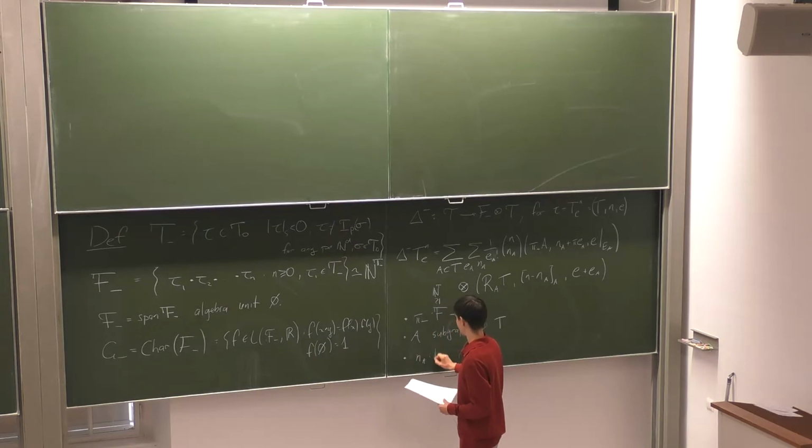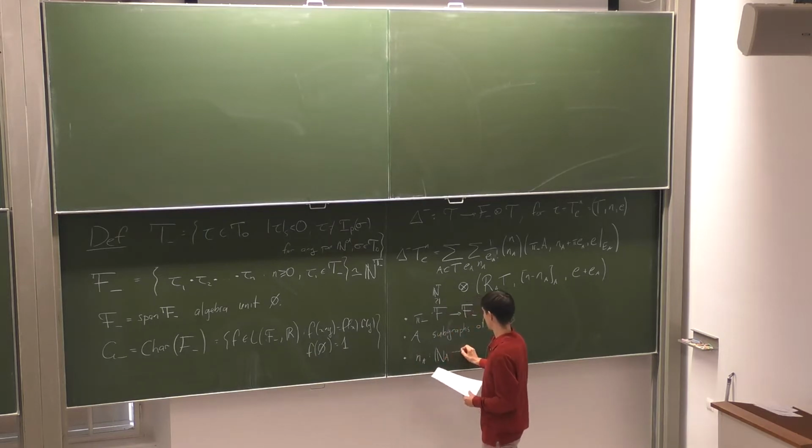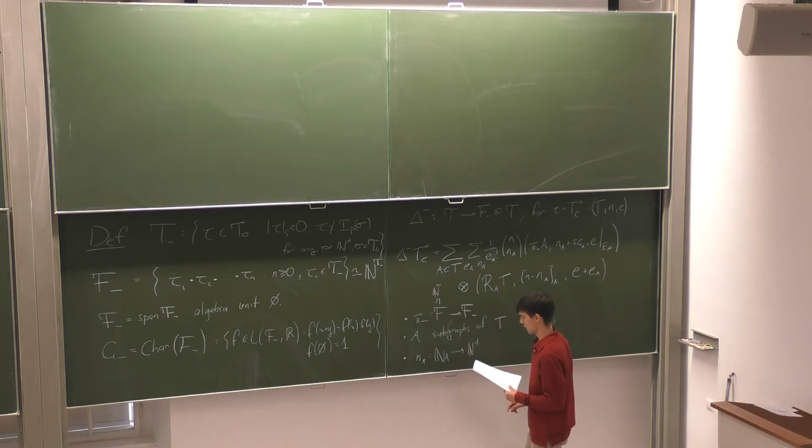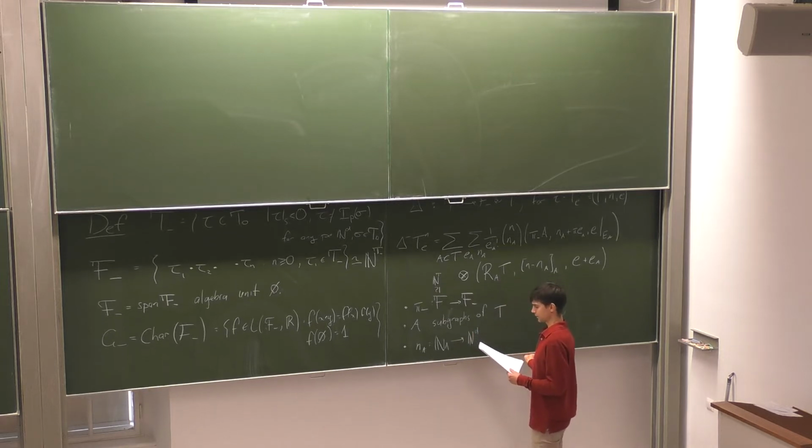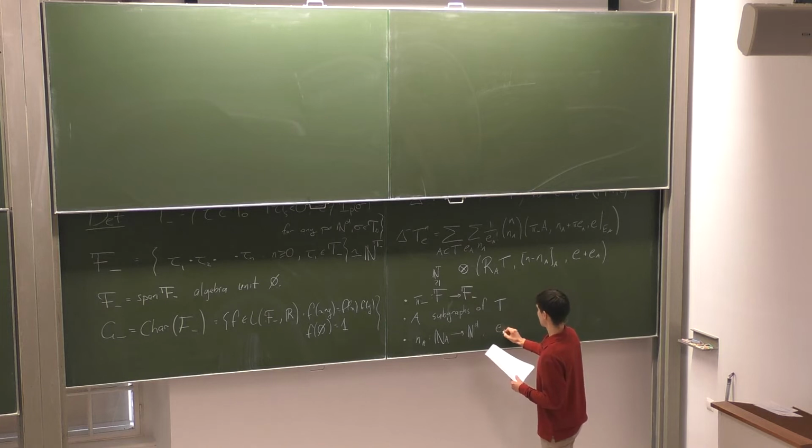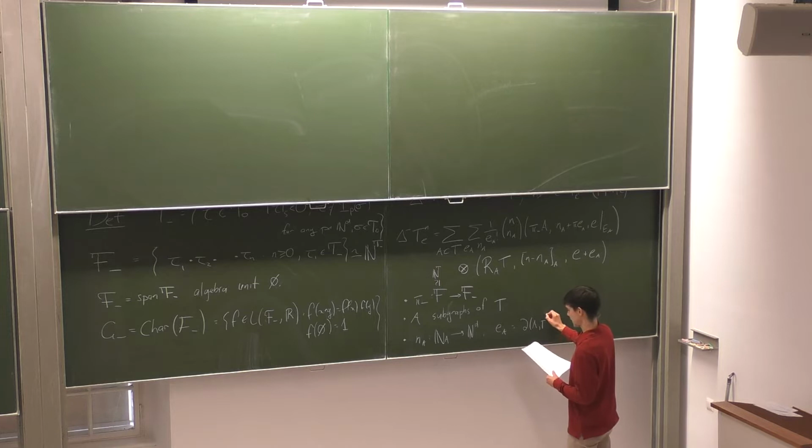n_A runs over all the nodes inside of A into N d, and e_A runs over the following set.